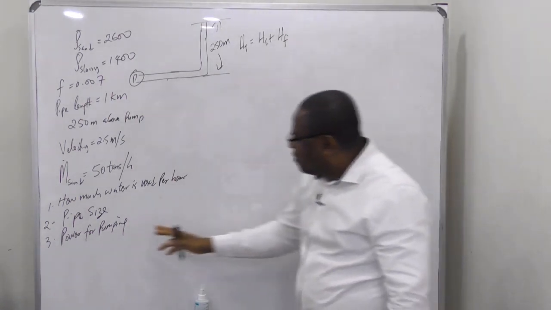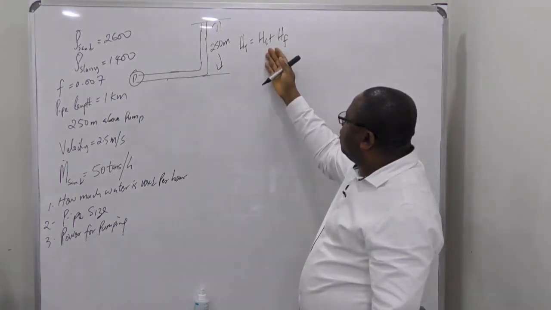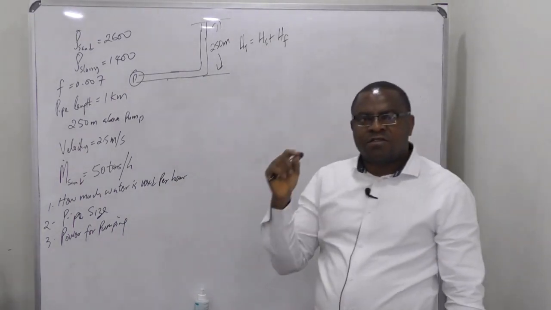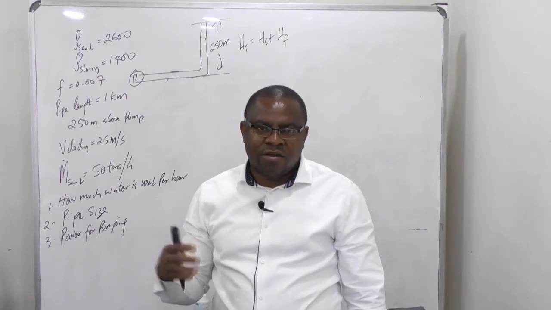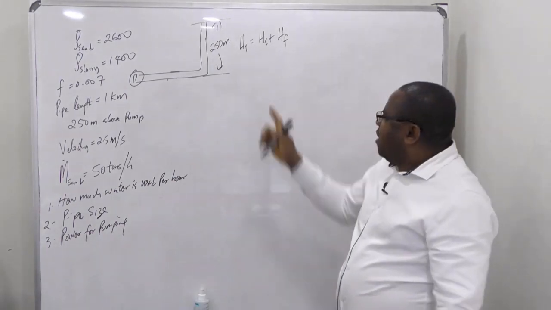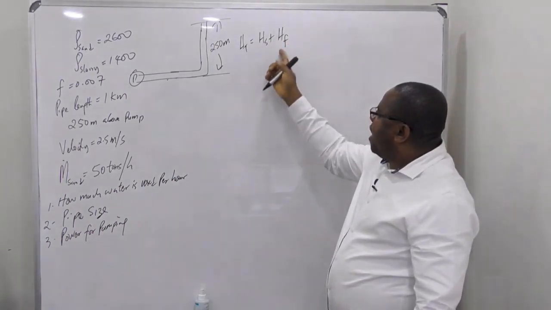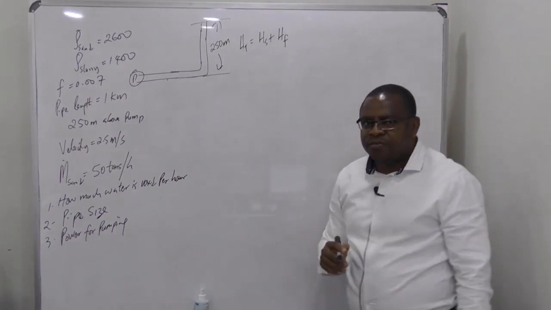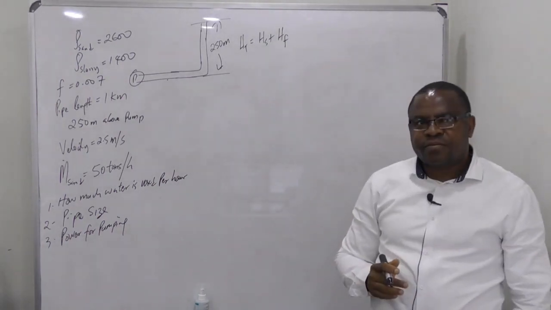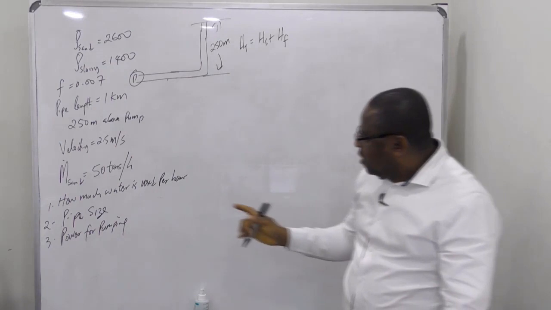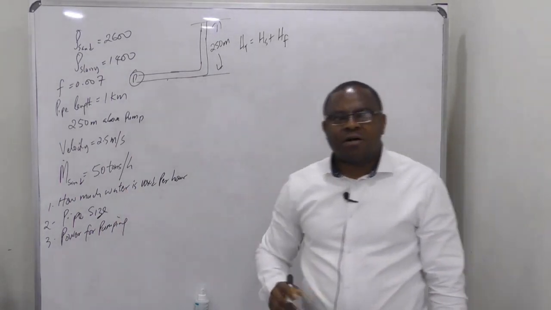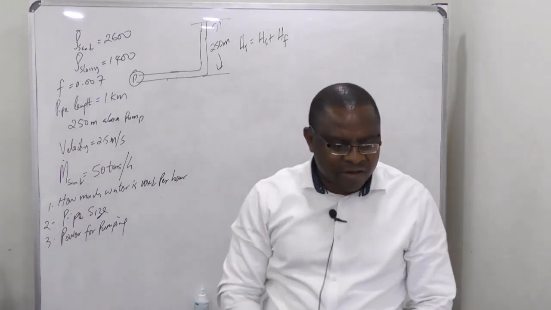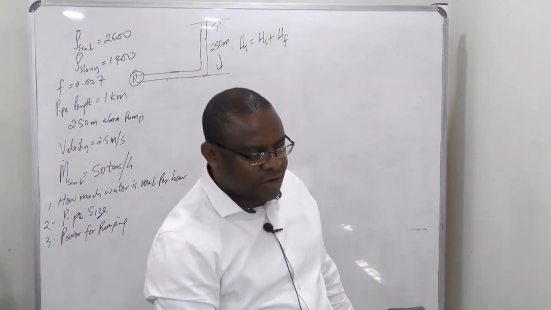If they say we must calculate power, we say power is rho g hq. So our H is going to be both static and friction head. Now, let's start. How much water is used per hour? Okay, and I said, just hold on for me.